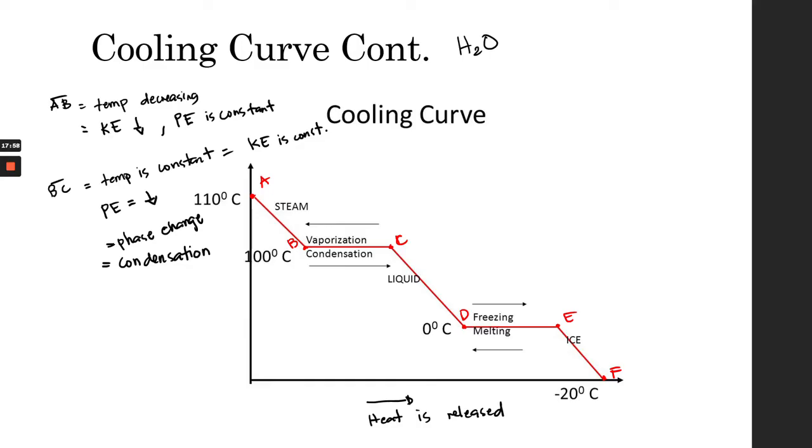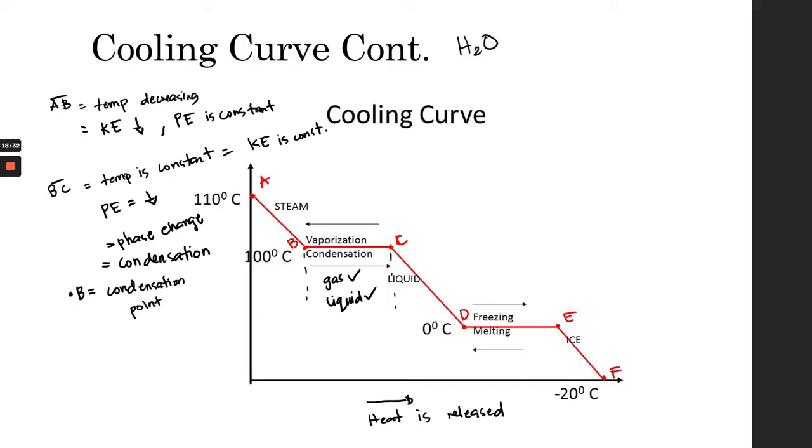So what that means is that in this section right here, there are both gas and liquid present in the substance. Okay, and point B is actually the condensation point.